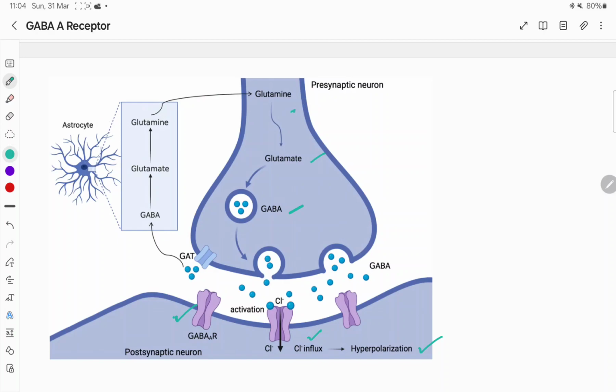So the neuroglia, astrocyte and neuron both help in recycling of glutamine and GABA. Glutamine to GABA occurs in the neuron, GABA to glutamine occurs in the neuroglia astrocytes.